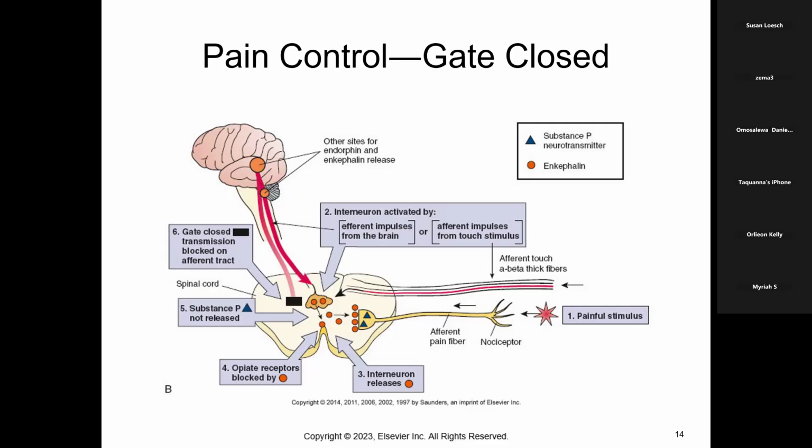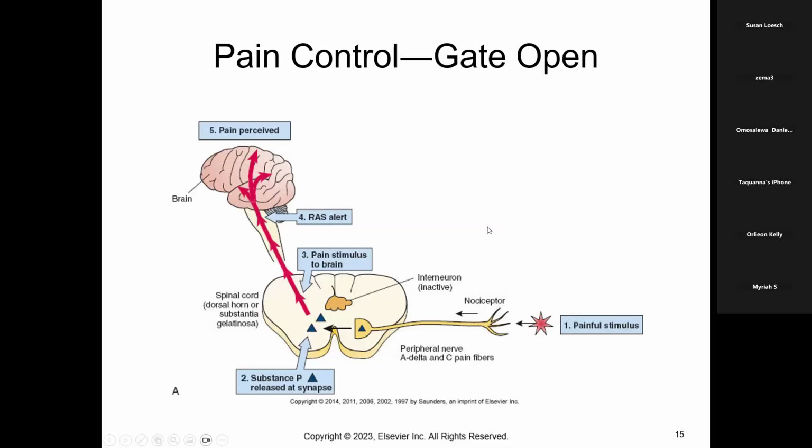So it will be released either from the afferent signal or the efferent signal to block the release of that substance P. If we block the substance P, they don't feel the pain. So your drugs will be based on a similar theory, or sometimes the drugs will also decrease our reticular activating system. Okay, so we're not as aware.